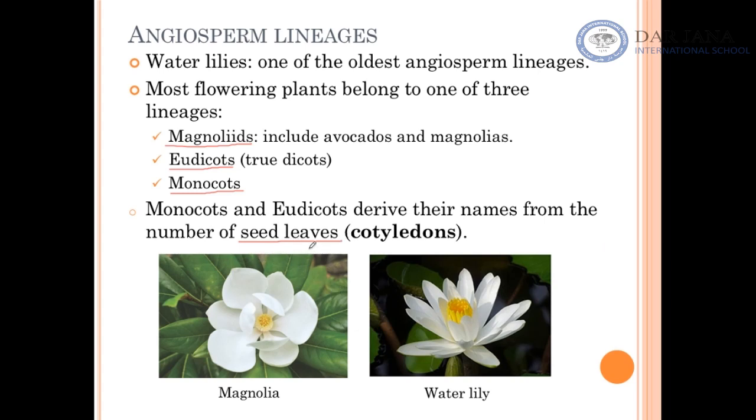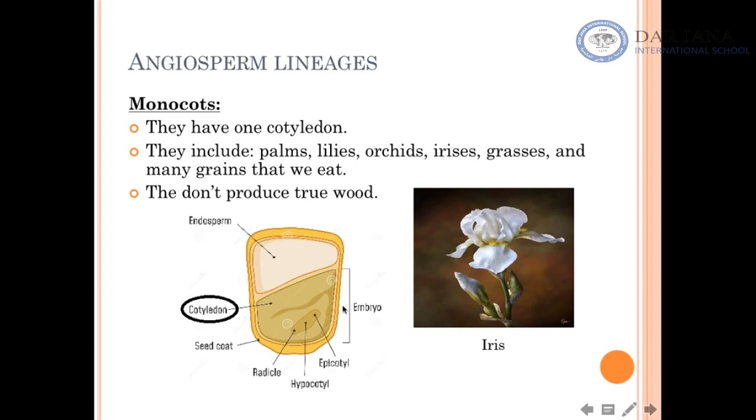Another name for the seed leaves is cotyledons. If you look at the seed in the figure here, you can see the cotyledon. This part is the cotyledon, which is going to become the seed leaf.